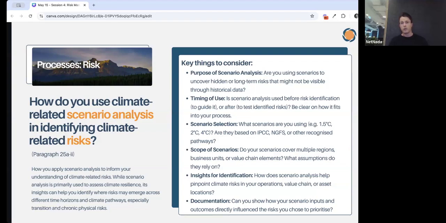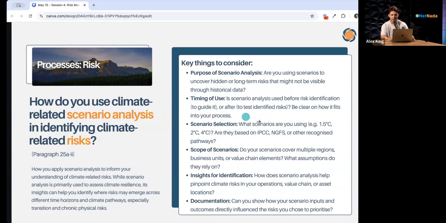We're looking at the underlying information that we're using to make some of these assumptions, and the focus areas that we've been looking at. Great. And one of the interesting ones as well is the flexibility around the timing of use. Are you using scenario analysis to guide your risks, or to test? So lots of interesting ways to think about it and to develop an actually legitimate, authentic risk framework.